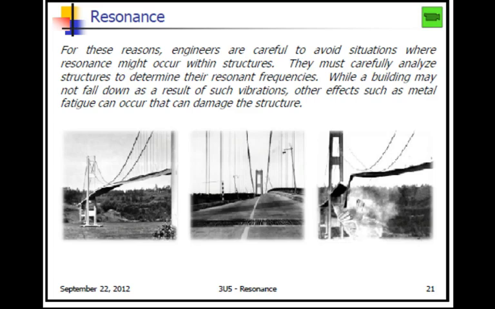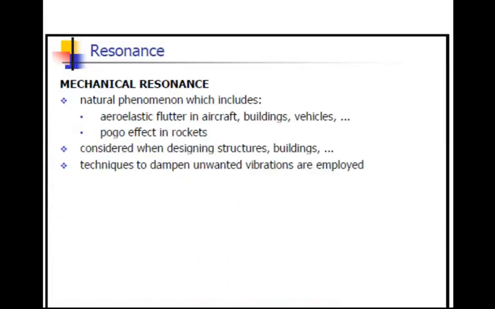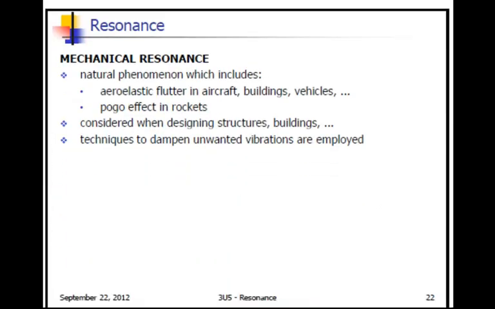Basically, the bridge started to flow with its resonant frequency, and due to a lot of wind. And once it started into its pattern of its resonant frequency, it caused the bridge to collapse. So that was a disastrous situation, and it was due to the bridge not having any kind of dampers.